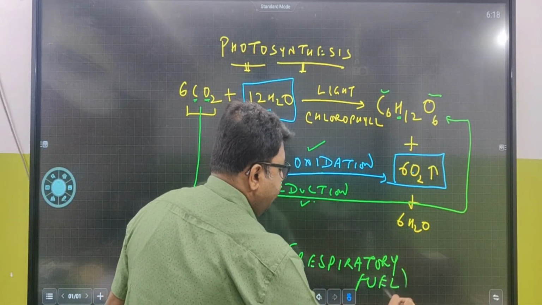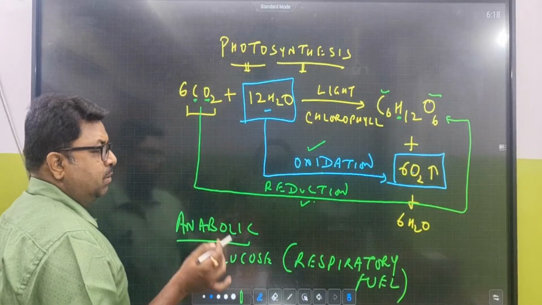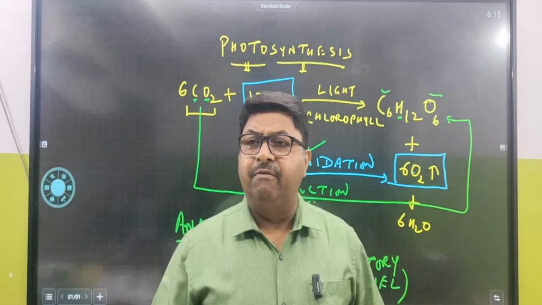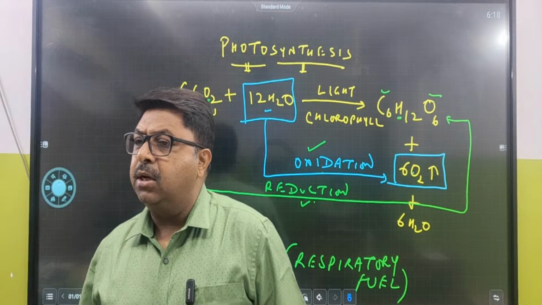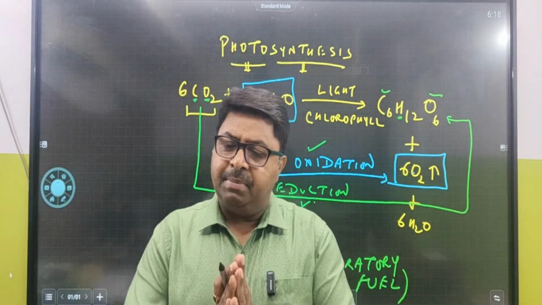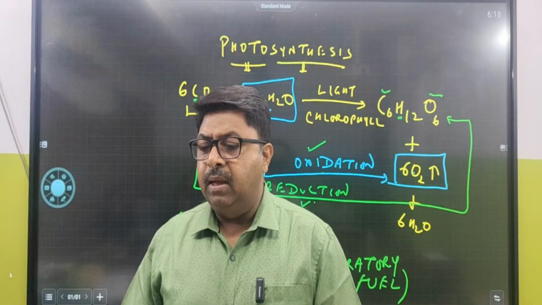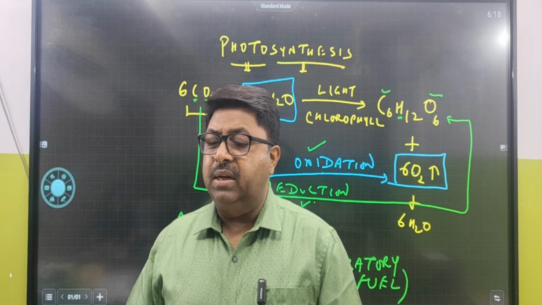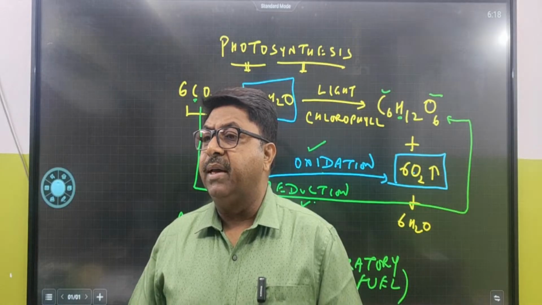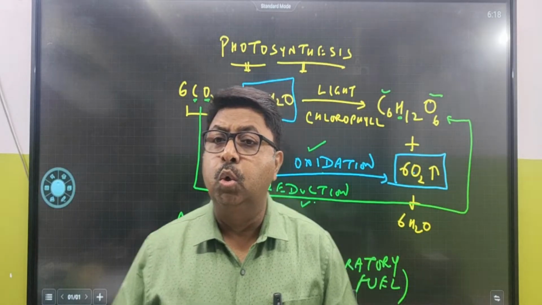That means every individual, every life, be it from bacteria to a dinosaur, that means a unicellular prokaryote to a multicellular large eukaryotic organism, all we need is respiratory fuel called glucose.